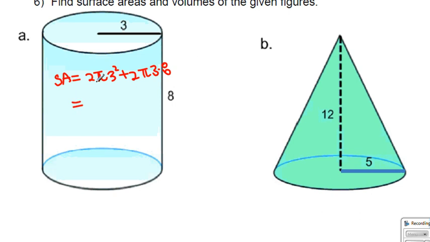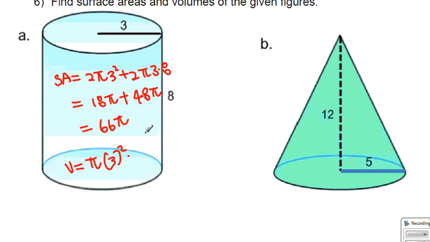Now, here we end up having 18 pi, plus 48 pi. Then our final answer becomes 66 pi for the surface area. How about the volume? Volume is pi r squared, which is 3 squared, times the height, which will be equal to 8. Then once you calculate this one, you will end up getting 72 pi.